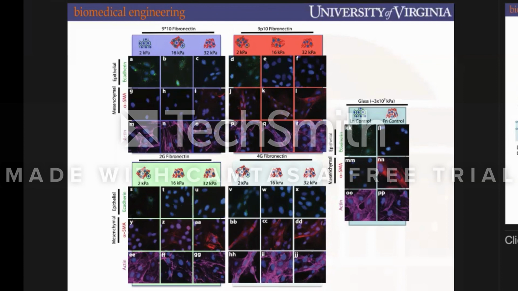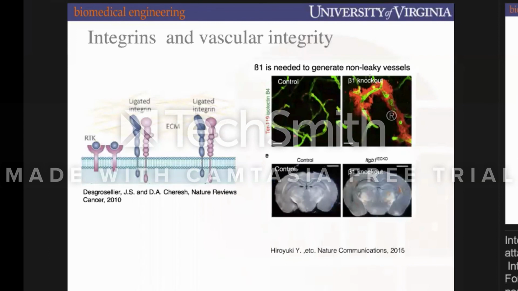And so this is where our collaborators jumped in and said, this integrin specificity, how does this exist in angiogenesis? I'll make this my last slide of science stuff because I can just keep going. If you knock out integrin beta 1, our blood vessels become incredibly leaky.